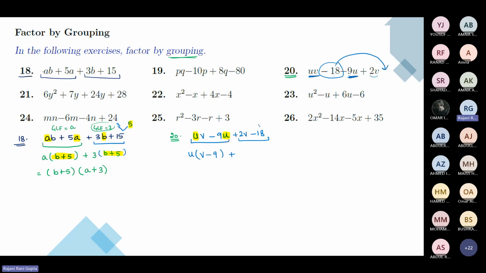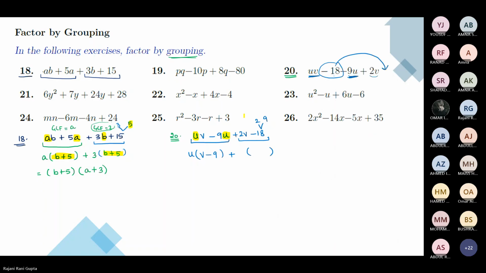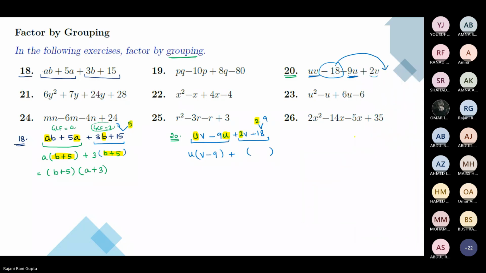And from these two terms, 18, you know that you can write 2 times 9. So what can you take common? 2. So you take 2 common and you are left with v minus 9.